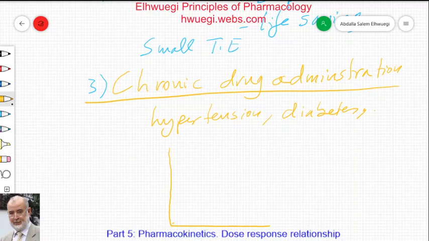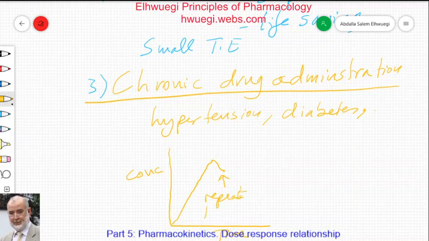Okay? Suppose now I'm taking the drug. Once I take the drug, blood concentration will rise. This is the concentration against time. This concentration will rise till Cmax, then it starts to decrease again. Once it starts to decrease again, I have to repeat the dose.